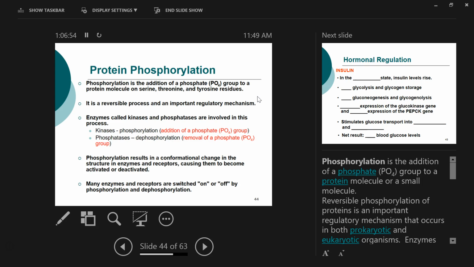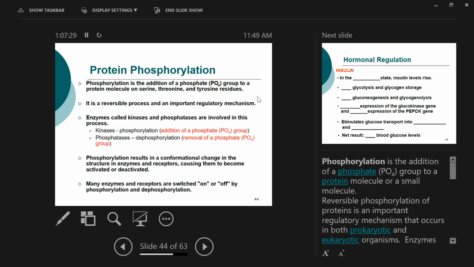So phosphorylation basically is the addition of a phosphate group to a protein molecule, on serine, threonine, and tyrosine residues. When you add a phosphate group to an amino acid residue of a particular protein, you're causing a change in the conformation of that protein or enzyme.